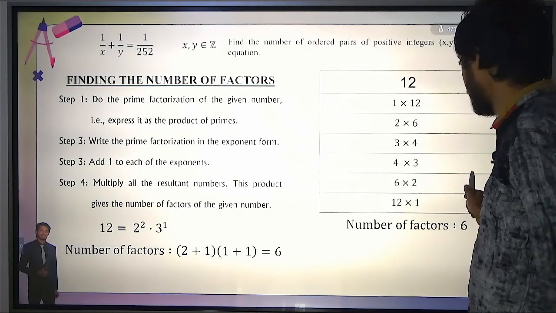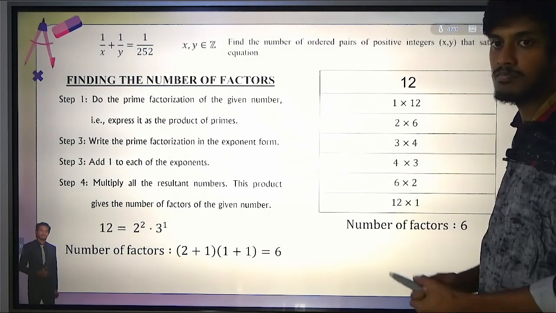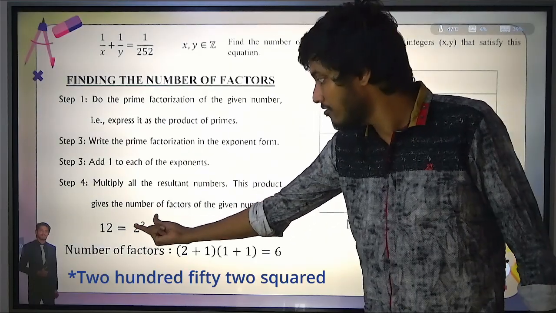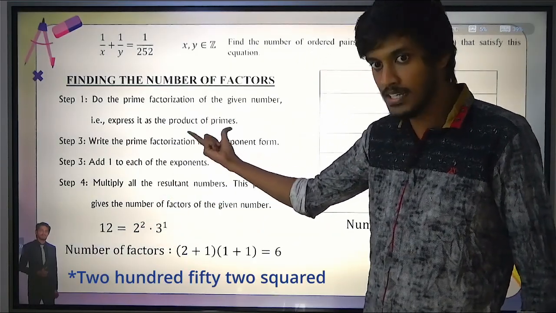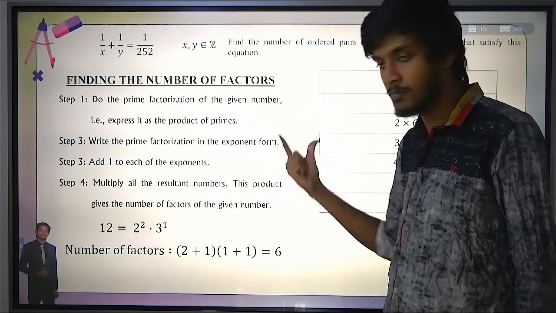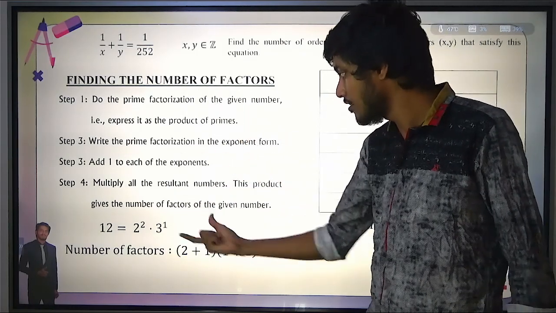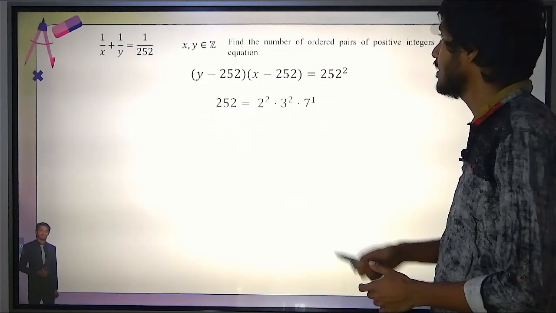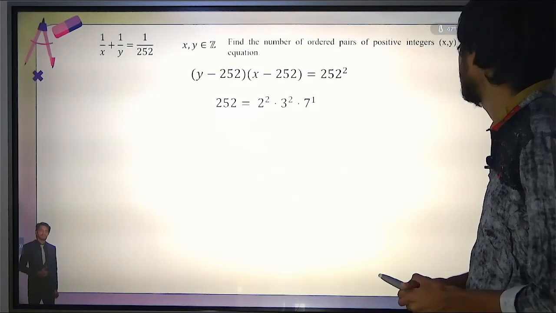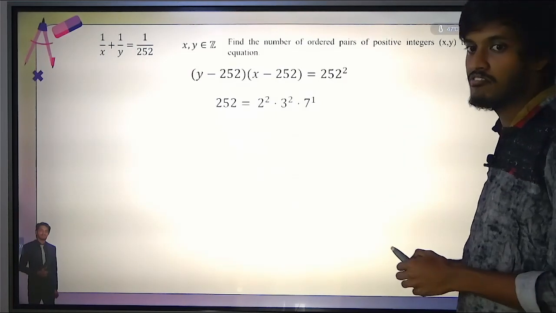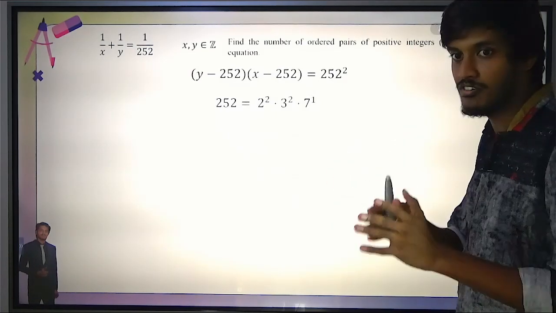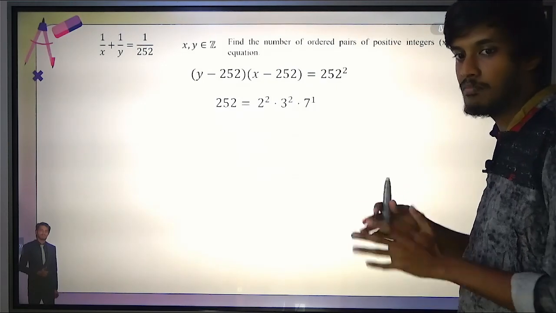So same thing happened here. Same answer comes. So if I can express 252 squared as a product of primes and convert it into the exponent form and use this algorithm to find the number of factors, then I can get the number of ordered pairs of positive integers that satisfy 252 squared. So if I solve them for x and y, I can get that many different answers.